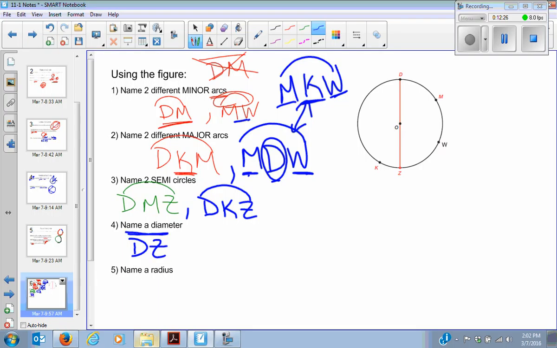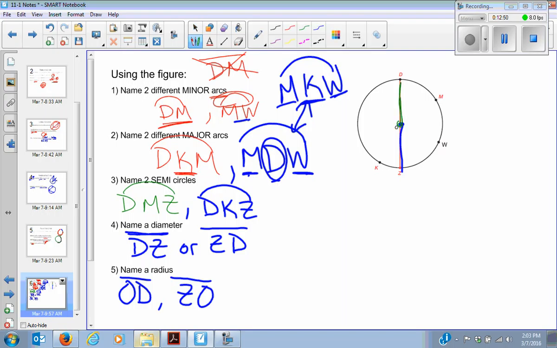Notice it is a line segment, or you could have written that as Z, D, and again, line segment. If I wanted to name a radius, I could have done O, D, or I could have done CO, or anything like that, where you're talking about from the center and out.